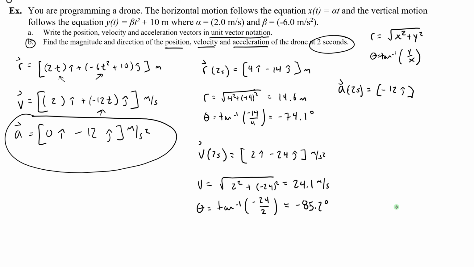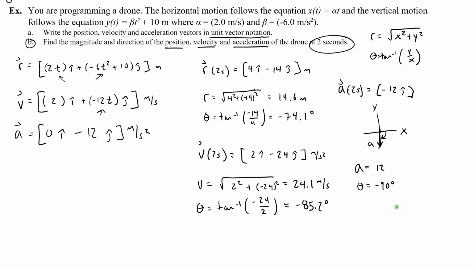Now, what that means, if I was to graph y and x, it has a 0 for the x value and a negative 12, so that's the acceleration. That means that this has a magnitude of 12, and the angle is negative 90 degrees because it's pointing exactly down. Okay, so that's the magnitude and the direction of the acceleration vector.